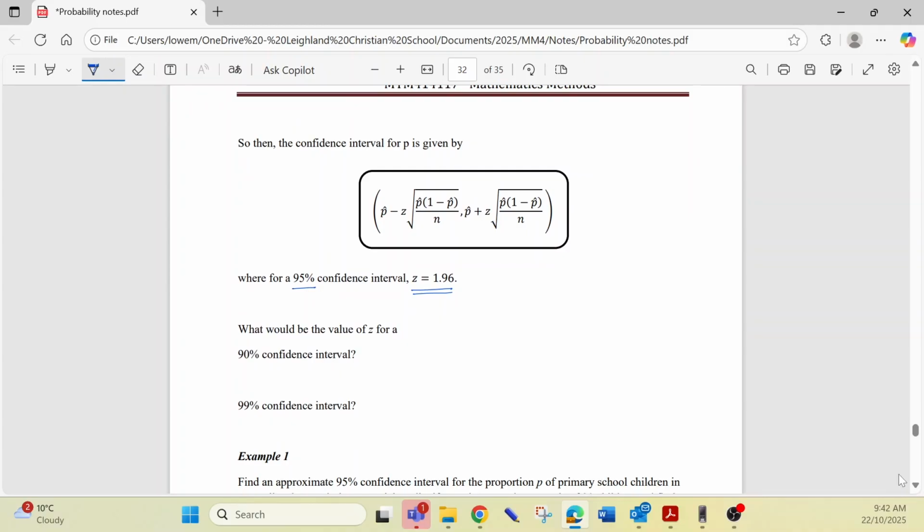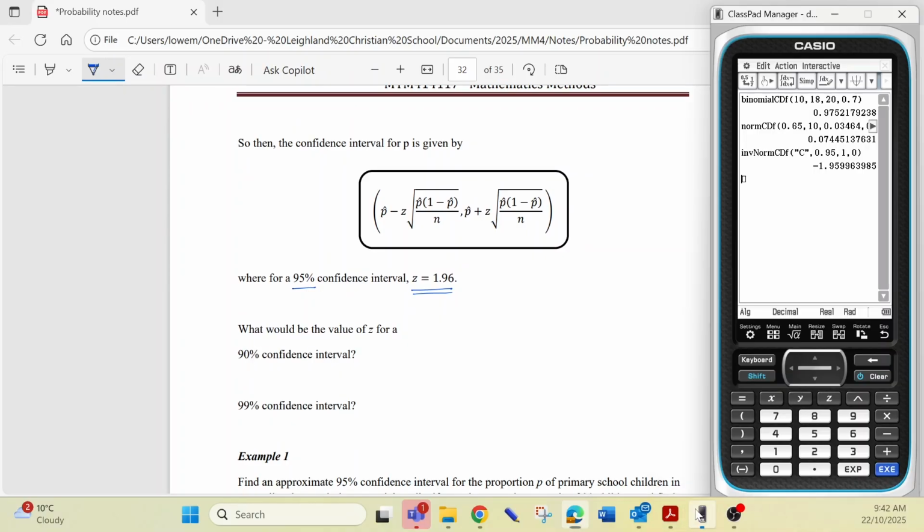Sometimes we may be asked for a different confidence level. For a 90% confidence interval, we just go back and use this central region. If you need to check what I did before, go back and do that. Change that to 0.90, and that gives 1.64.